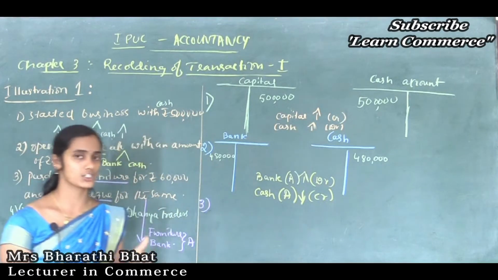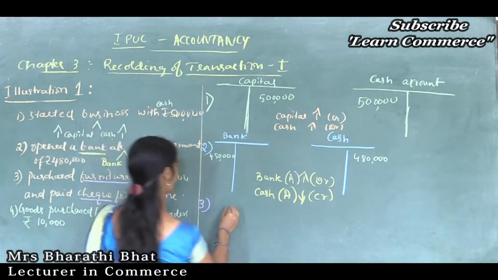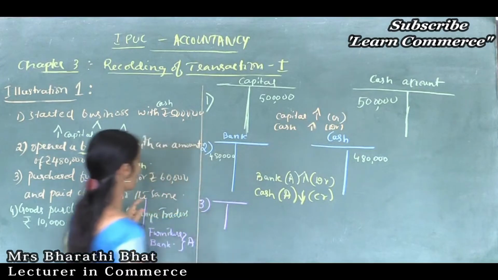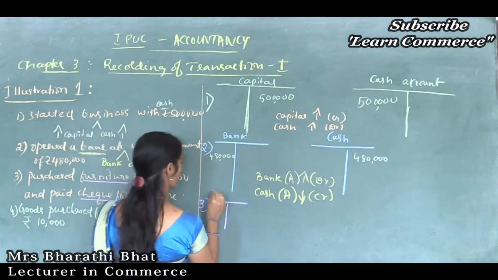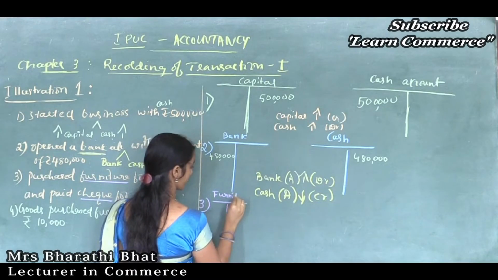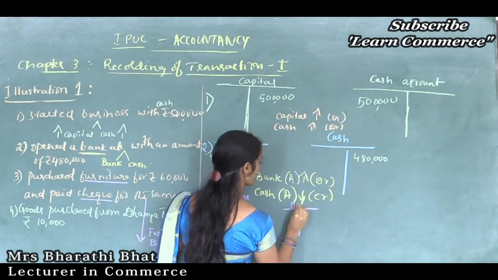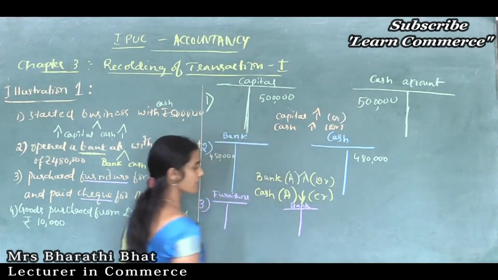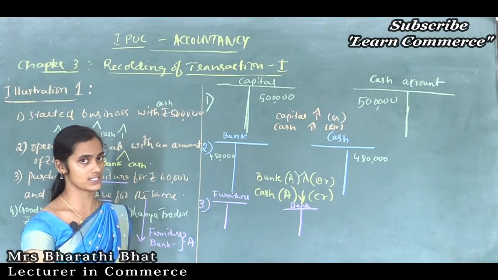Increases in asset is to be debited, decreases in asset is to be credited. Let's apply. What are the two accounts affected here? One is furniture. Another account is bank, because we are paying a check to the business organization for the purchase of furniture.